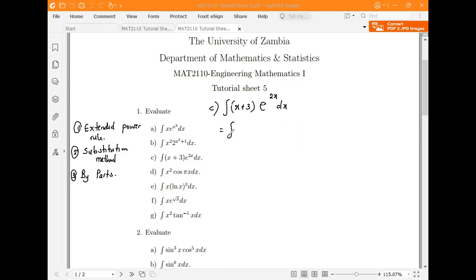We may have to do one or two things. So first, let's start by expanding. So we have x e^2x plus 3 e^2x dx. I'm doing this not because I could not do the by parts directly on top there.